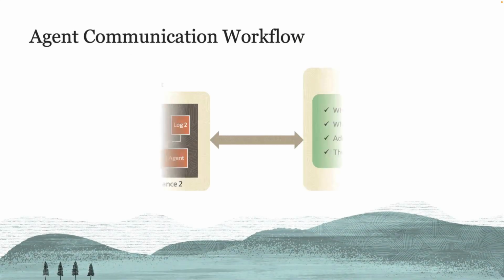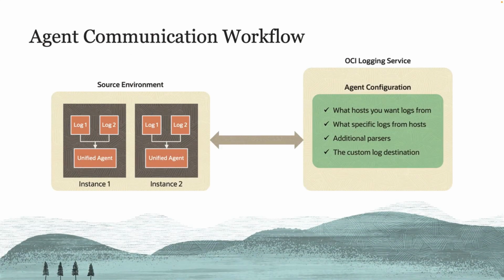Let's look into the workflow of this agent. Enabling custom logs is a two-step process. The first step, as you can see in the source environment, is that you would need to install the agent or enable the agent plugin on those instances from where you want to collect the logs. This agent is responsible to fetch the log data as instructed by the agent configuration. The second step is the agent configuration that you create within the OCI logging service.